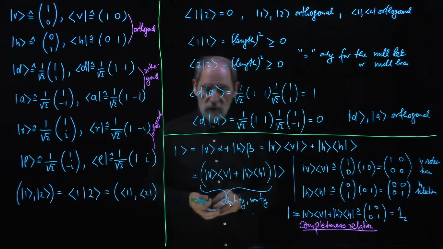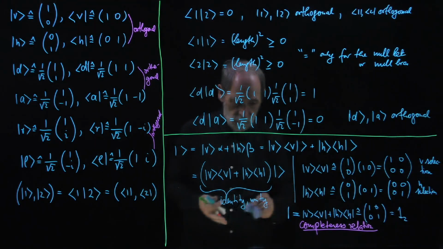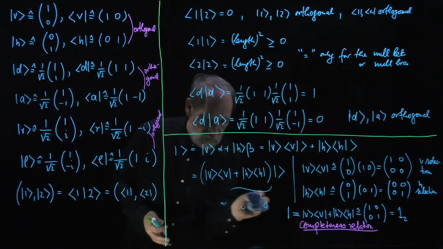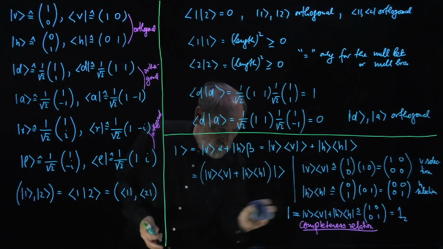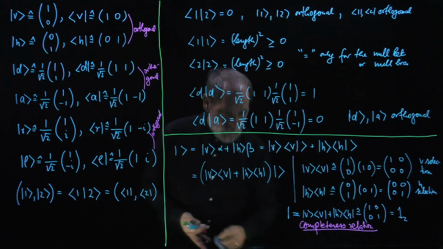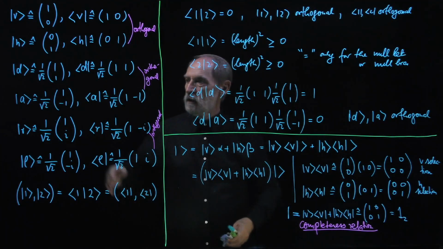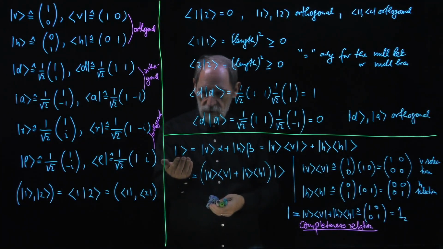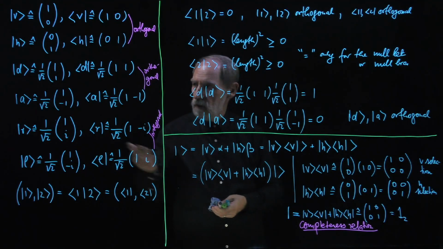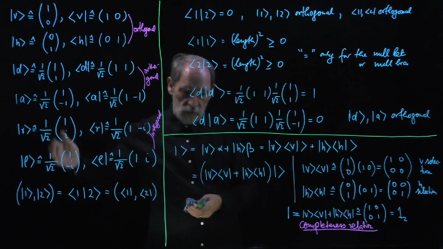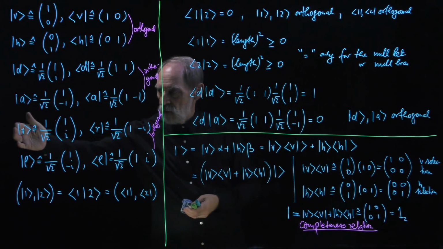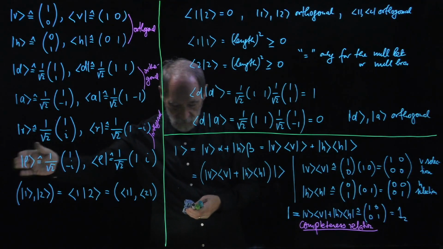But of course, there is also a completeness relation for the other polarizations. So, as we have seen, we can also write any generic ket as a linear combination of diagonal and anti-diagonal, or a linear combination of right-handed and left-handed.